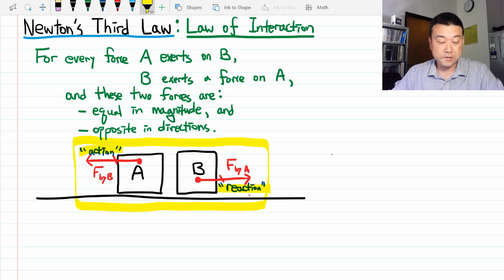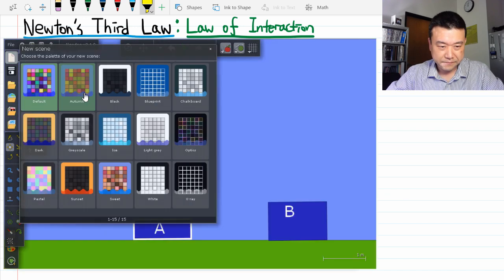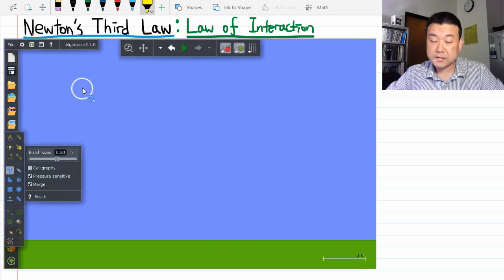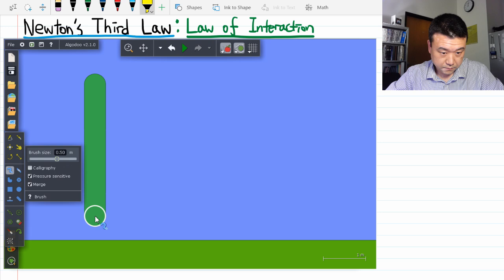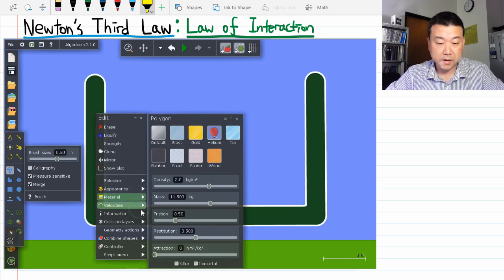Let me end this with a fun example, just so that you can see an extended series of interactions. Let me bring back the simulation, start a new screen. And this time what I want to do is create a big box. Let me give this box the same properties as before, frictionless and elastic. And I want to make it a little bit heavier.